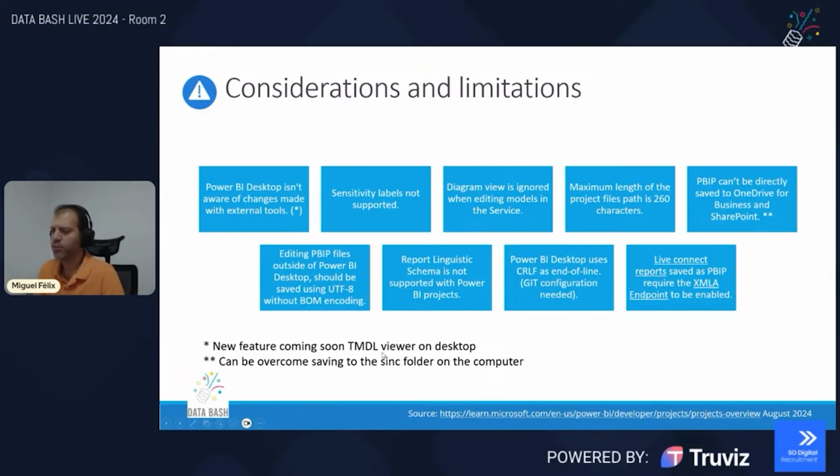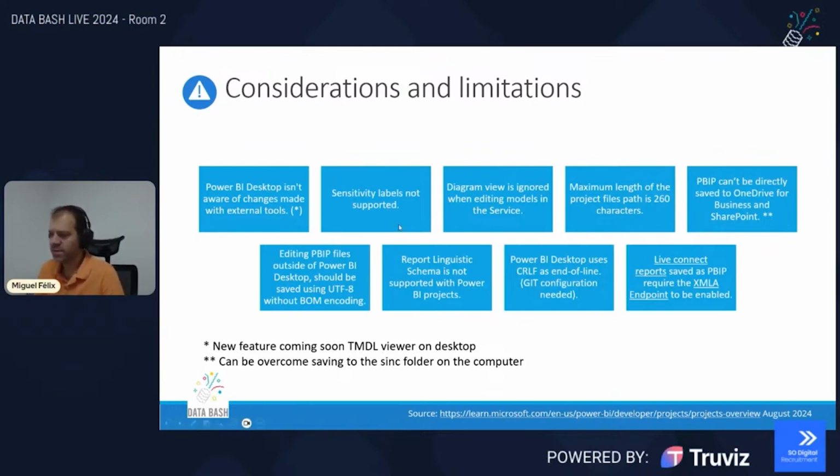So, as we currently have the DAX query view, we will be able to edit our semantic model, and we will see how we can edit it through programming. We can do it in the desktop version, so Power BI Desktop will be aware of the changes we make immediately.